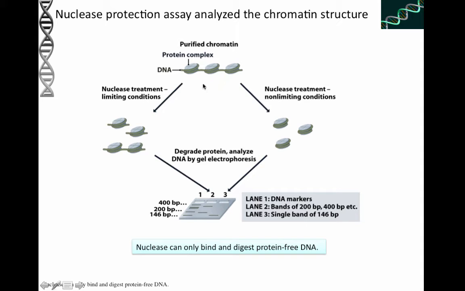They used two different time points: one is limited digestion and the other is full digestion. The reason they do limited digestion is to see the intervals between the nucleotides when they are wrapped around by the histone protein. So you digest the nuclear DNA complex at various time points and run it on a gel.